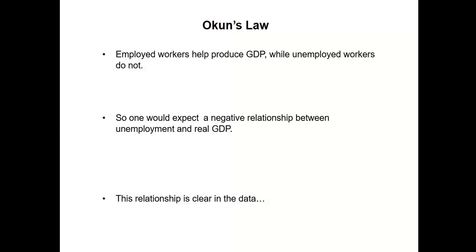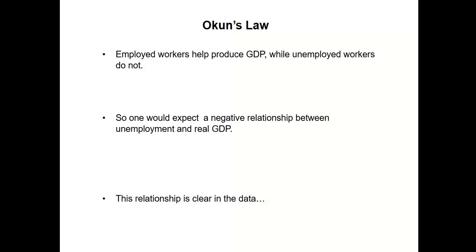As we have discussed, people who are employed are contributing towards the production of goods and services and also contributing towards the GDP of an economy. But those who are unemployed and looking for a job are not participating in the production process and not contributing to GDP.